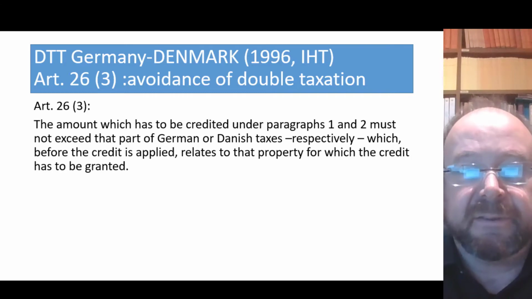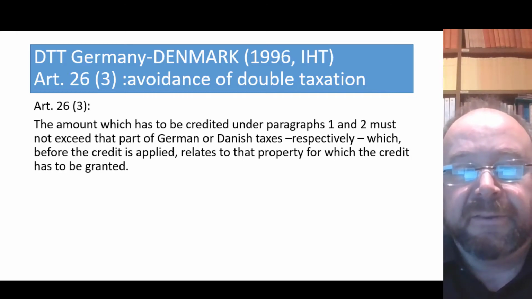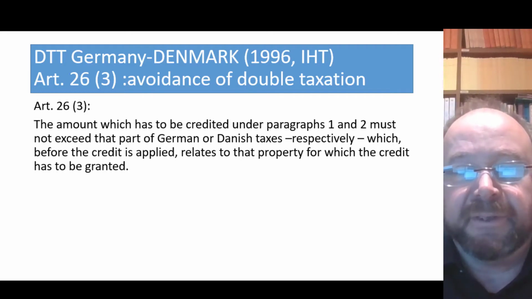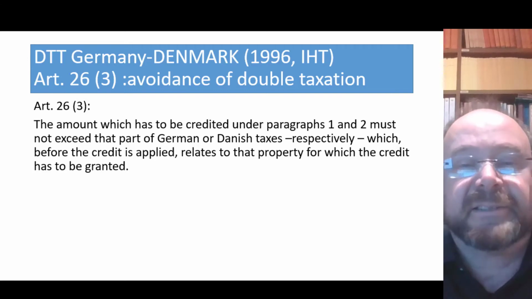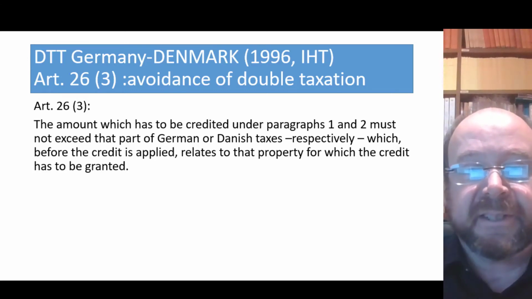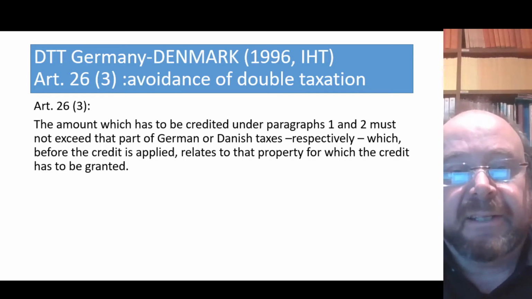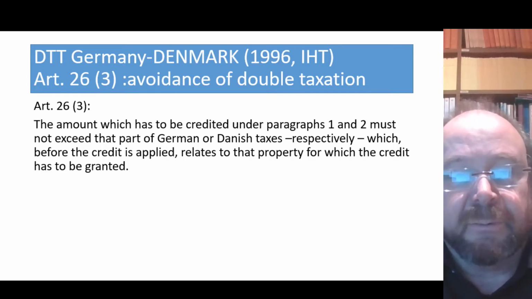All the rest, there is no clear source state. Then second is the state of residence of the deceased, which can tax everything and credits the source state tax. And then third in line, the state of the acquirer comes, taxes everything again, and then credits everything which the first two states have levied.